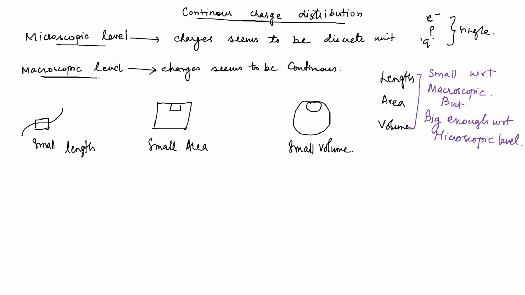When we have taken these small values, we will denote them as del L, del S and del V. We need to find the charge distribution for this small length, small area and small volume.